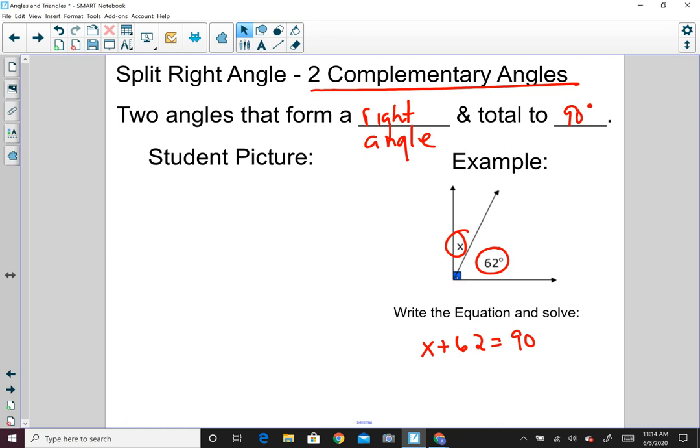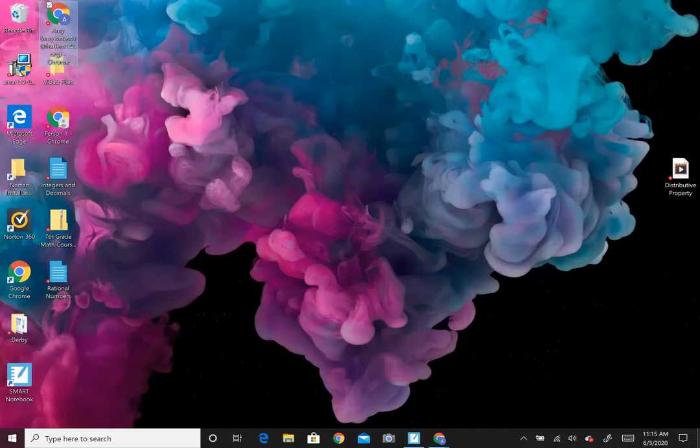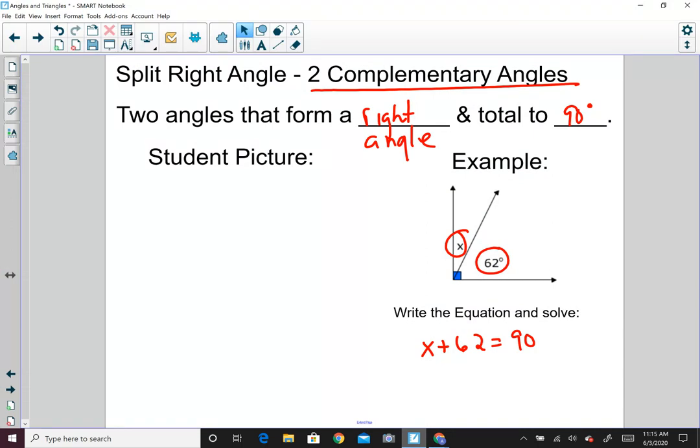I know it's a right angle because look at this little box here again. It tells me that. Without a box, I can't guess it's a right angle. I have to see that little box there. So then I would go back to solving by subtracting 62 from both sides. And I get x equals 28. So this must be 28 degrees.